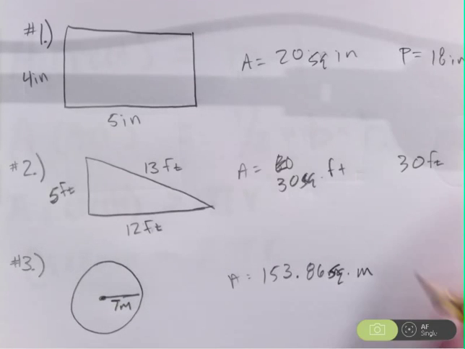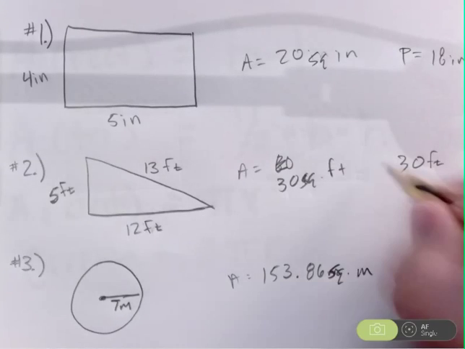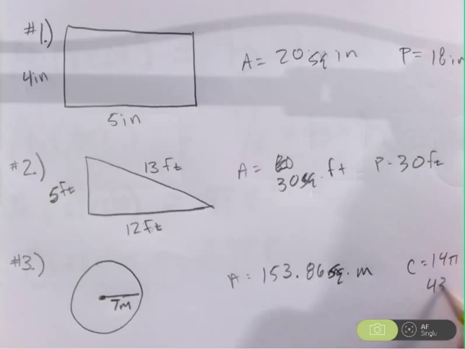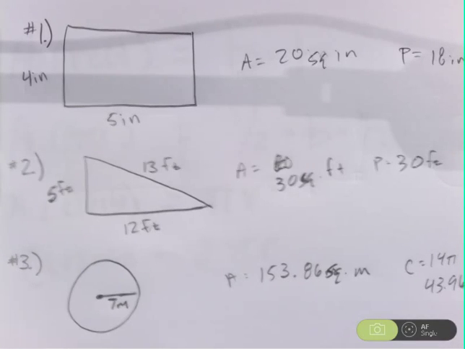And here, our circumference is going to be 2 times pi times r, so that's going to be 14 pi, which is 14 times 3.14, 43.96 meters.